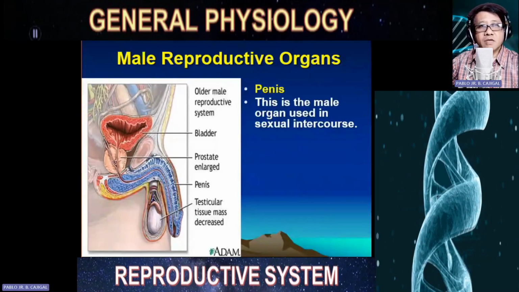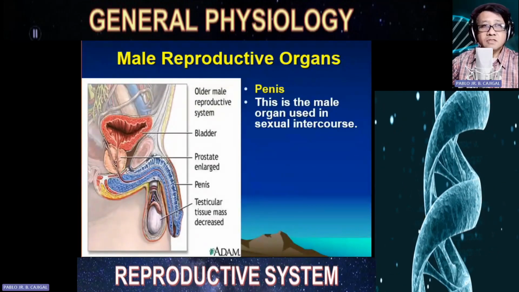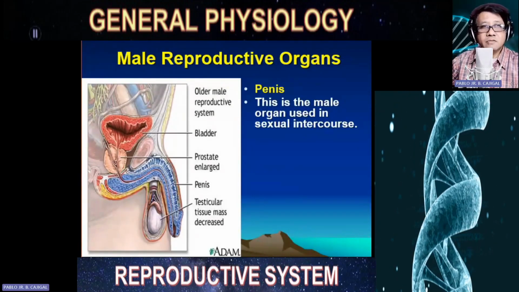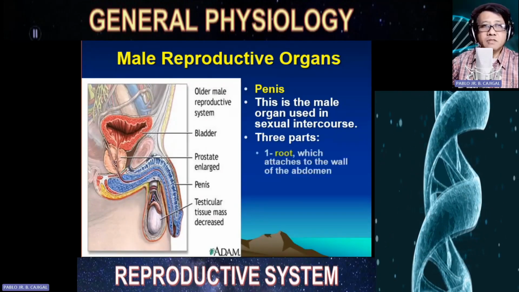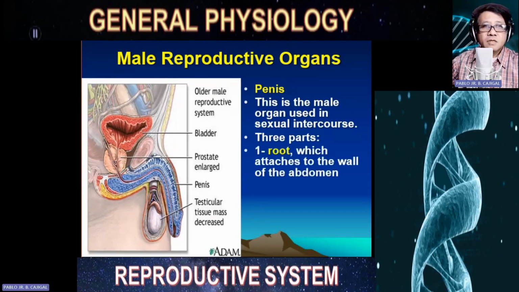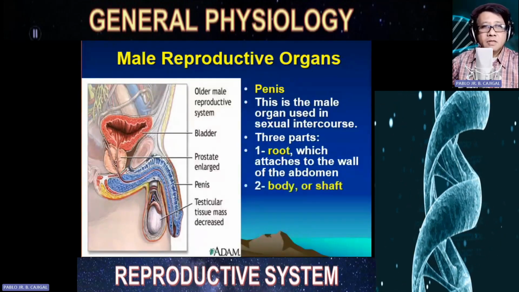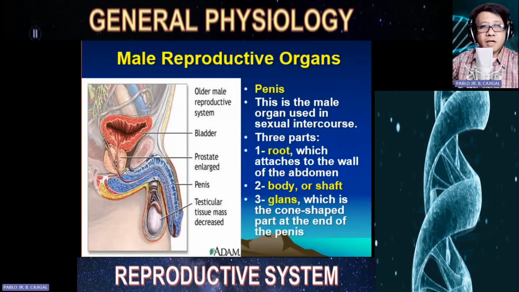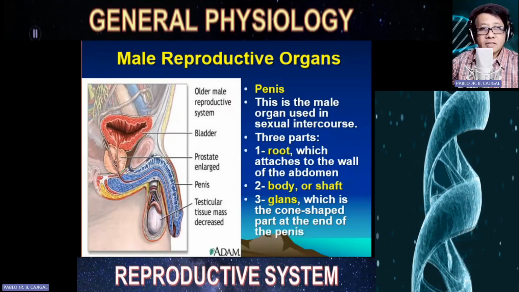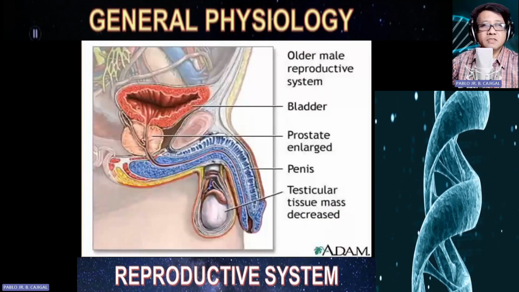This is the male organ that is vital in the sexual act, or sexual intercourse. There are three parts of the penis. We have the root, which attaches to the wall of the abdomen. We have the body or the shaft, and we have the glans penis, or glans, which is the cone-shaped part at the end of the penis.